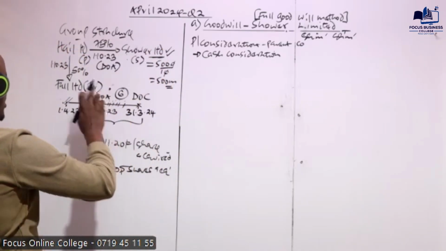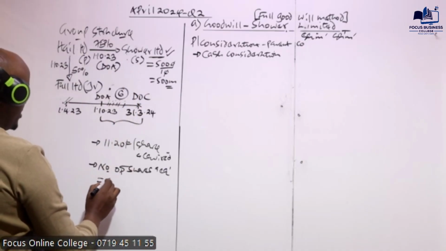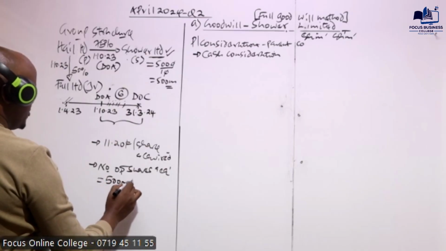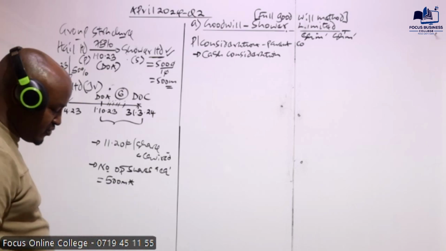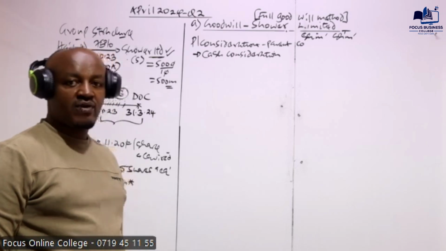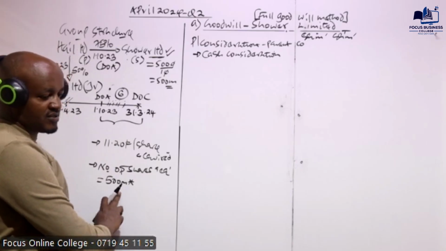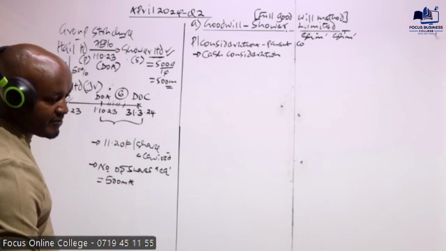So therefore, how many shares did Hale Limited acquire in Shower? The number of shares acquired should be equal to the shares issued by Shower, 500 million, multiplied by what? We want to know how many shares Hale Limited acquired in Shower.